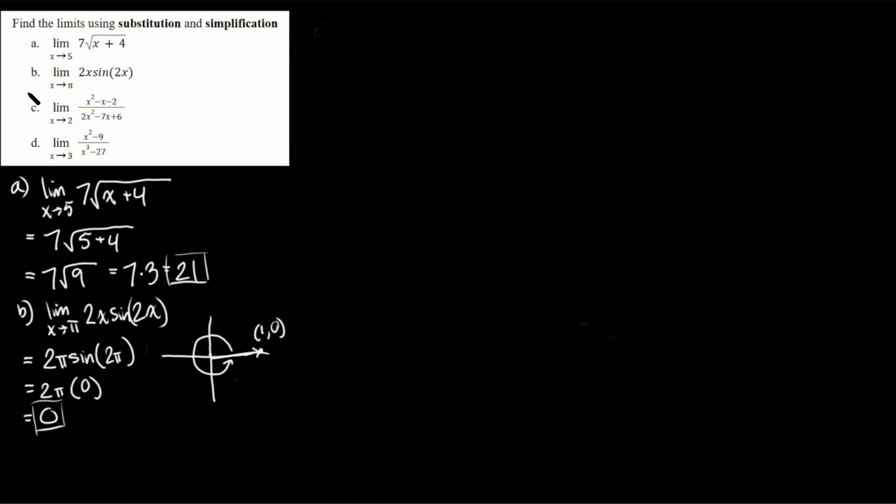The next two are a little bit more complicated, part C and D. We have the limit as x goes to 2 of this rational function: x squared minus x minus 2 over 2x squared minus 7x plus 6. If we try direct substitution, let's see what happens.